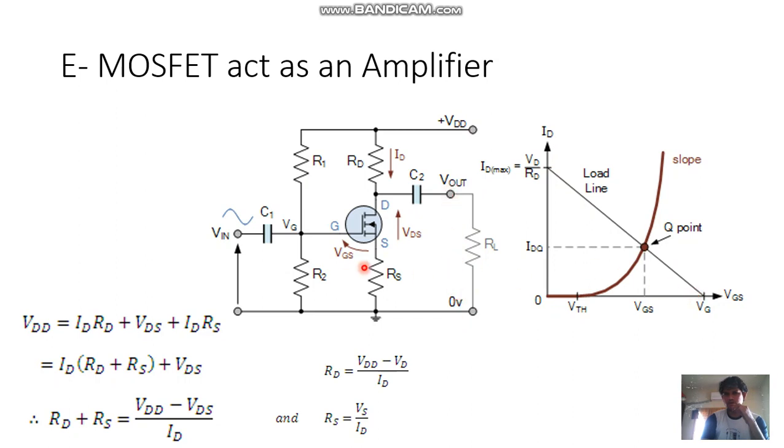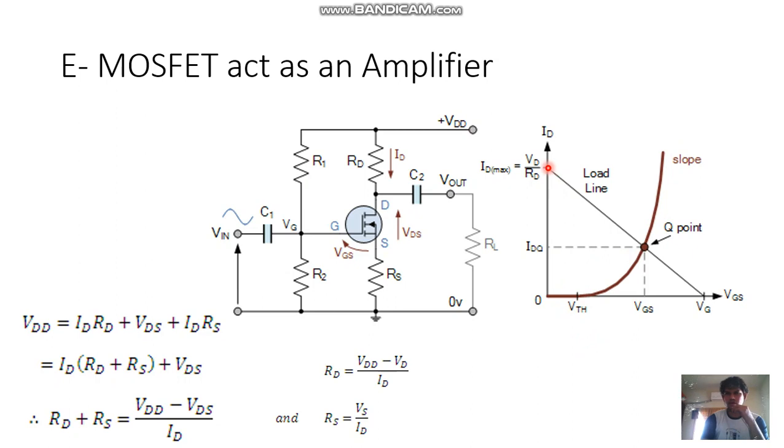If VGS is maximum, we are applying positive VGS maximum, there is maximum channel current. If the positive voltage applied is below VTH, this is the minimum channel current. So that's about these characteristics.